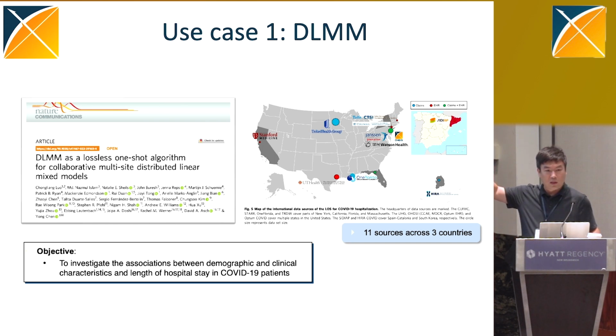We posted this in the OHDSI forum, and we told them we have a month for you to decide whether you want to join this study. If you have any question, email me directly. At the end of the four weeks, we recruited 12 sites who agreed to share summary statistics data with us. Later, this led to a paper published in Nature Communications.